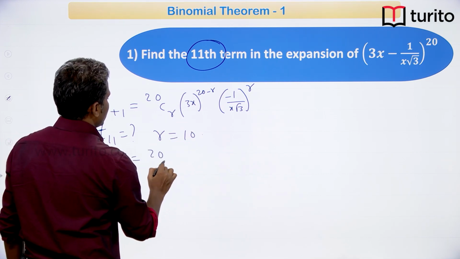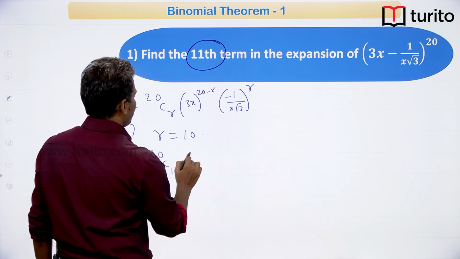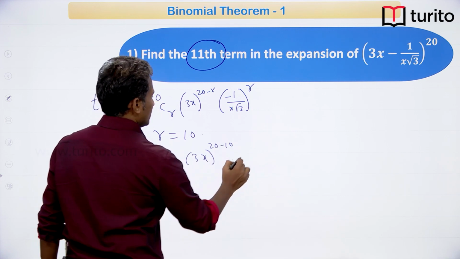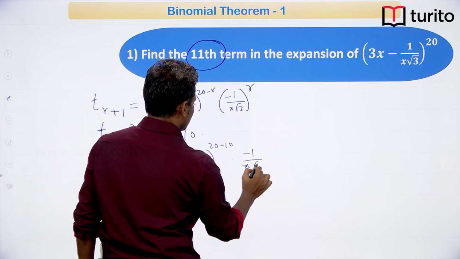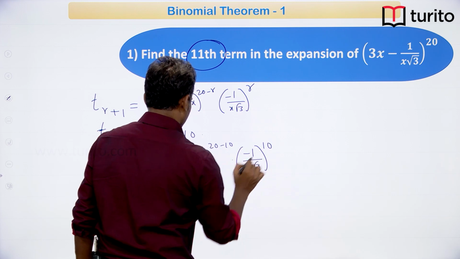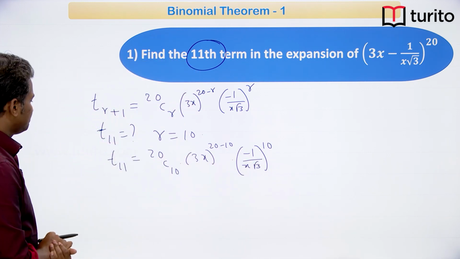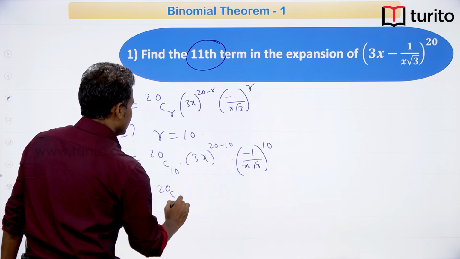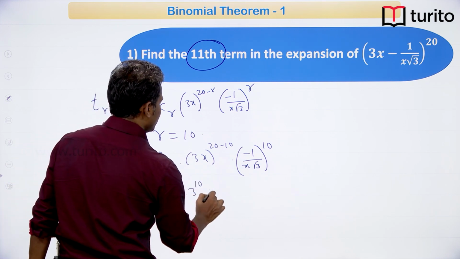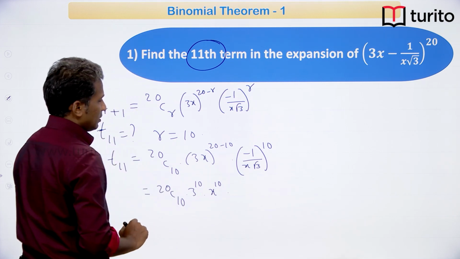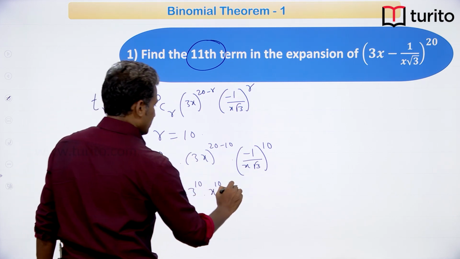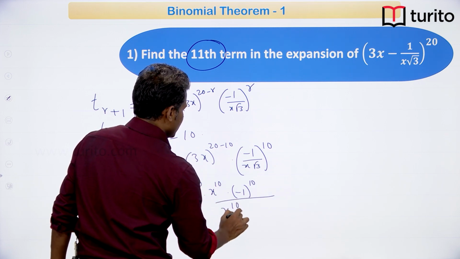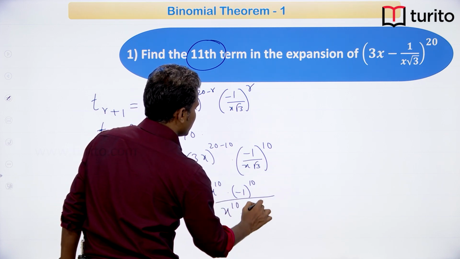So this will come out to be 20C10 into (3x) raised to 20 minus 10 and (minus 1 by x root 3) raised to 10. Further we can simplify it. 20C10 into 3 raised to 10 into x raised to 10, because 20 minus 10 is 10, and then minus 1 raised to 10 divided by x raised to 10 root 3 raised to 10.